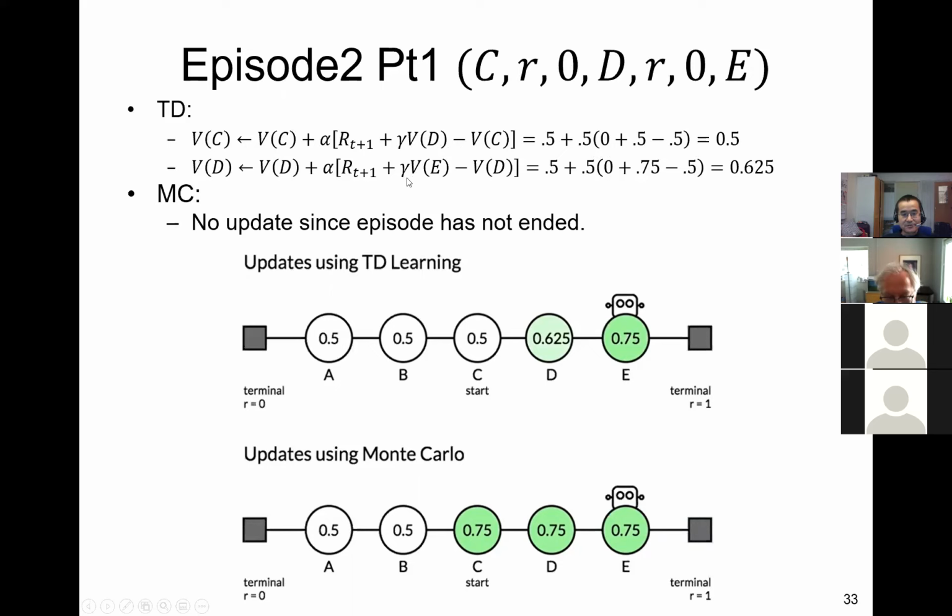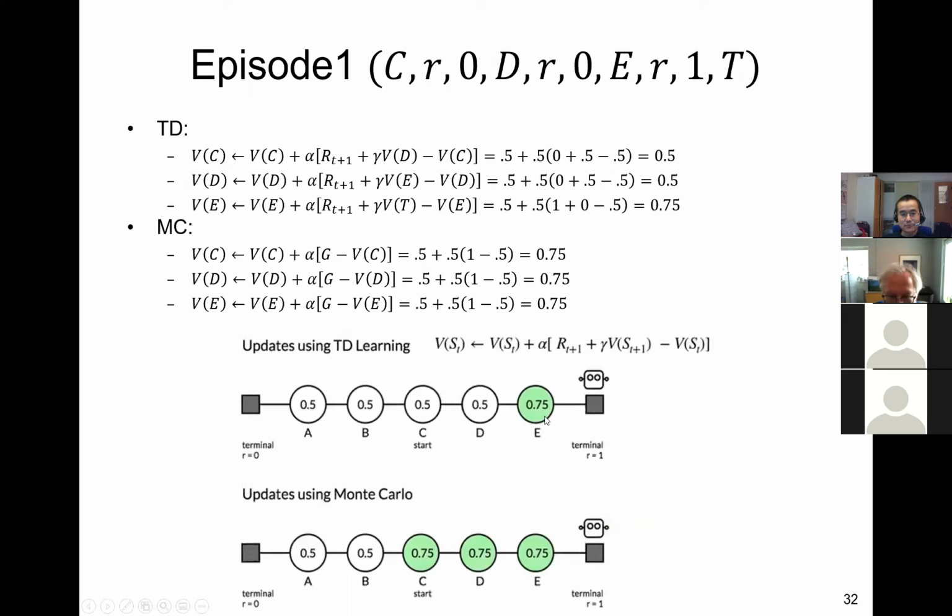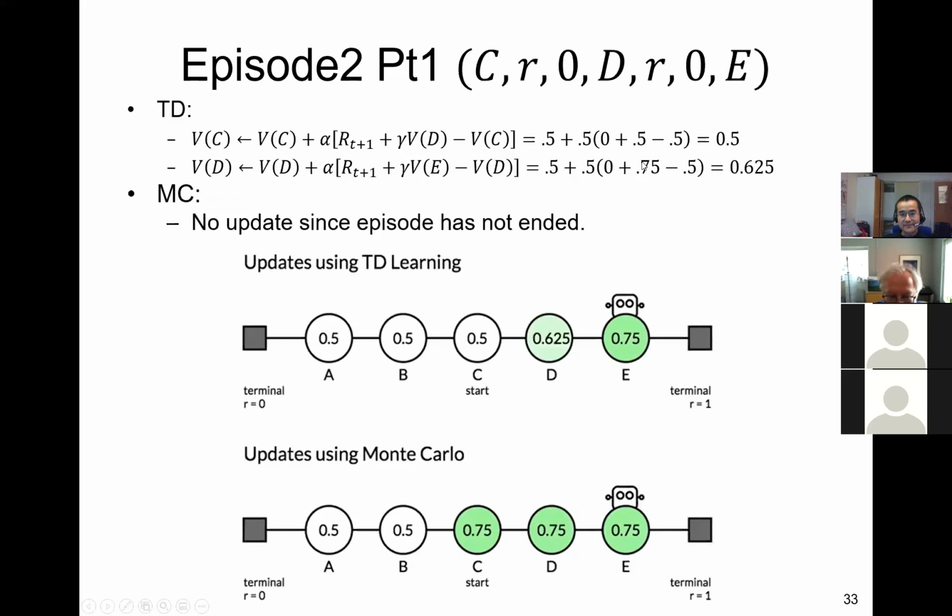For D, your TD update gets you, now VE has changed, right? Last time we updated it to be 0.75. So now it's 0.75, and D's value is now 0.625.